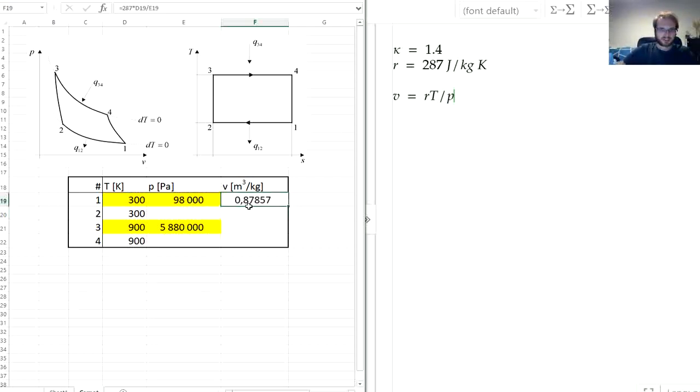The same thing can be done also for point 3. And now we are missing points 2 and 4.